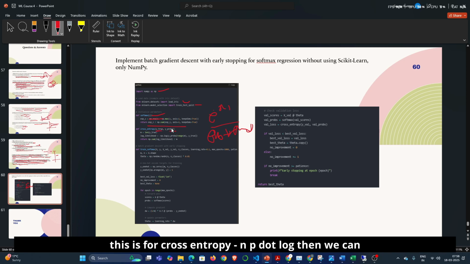This is for cross entropy, minus np.log. Then we can find these values, and then we got our results.